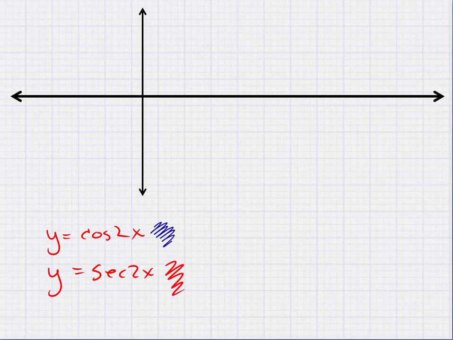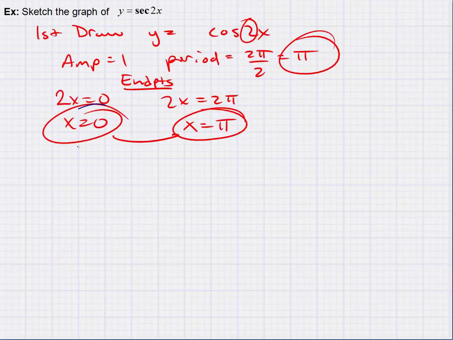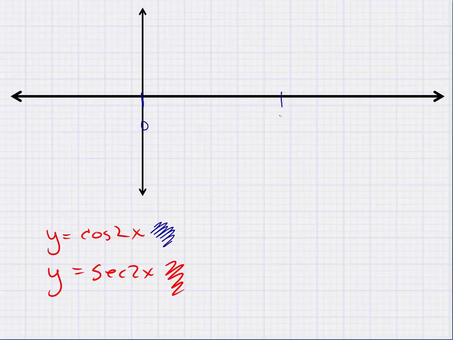So let's go here. Cosine. We said we're going to start at 0 and go to pi. So we go 0, say here's pi. Those are my cosine's endpoints. Cosine goes from 1 to negative 1, starts off high, ends up high. Directly in the middle, it's low.